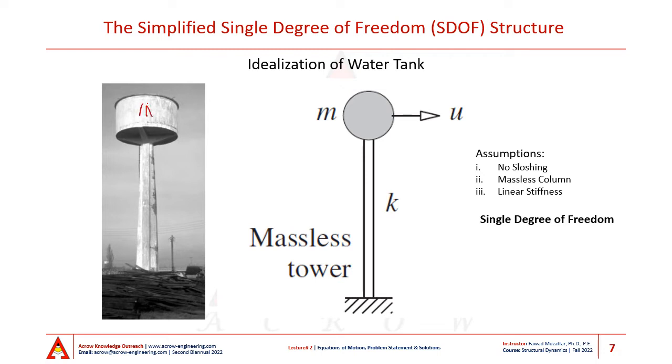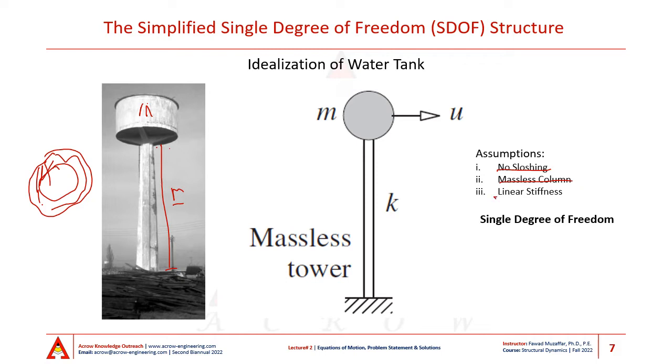Whereas this element, the pedestal, also has mass, but since it is probably hollow, the mass of this pedestal is many times less as compared to the weight that it is supporting. Also, we assume that the water is completely full in the tank, and therefore there is no sloshing of water inside the tank. We've already explained as to how reasonable the assumption of massless column is.